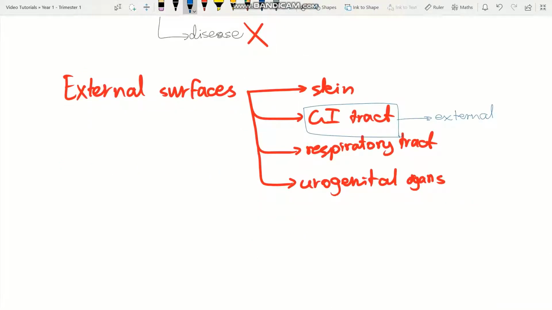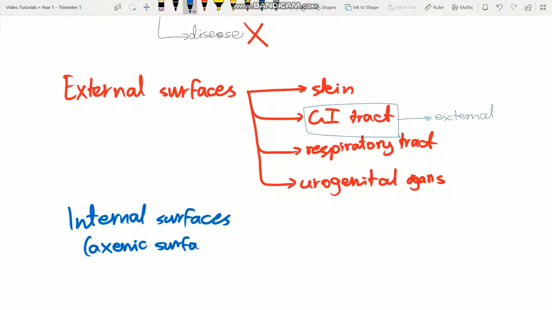And that's why there are microbiota present. We also have internal surfaces where there are no microbiota present. These are also called sterile surfaces or axenic surfaces. And the main reason why microbiota can't survive there is that they're essentially closed off to the external environment. These may include alveoli or even seminal fluid.